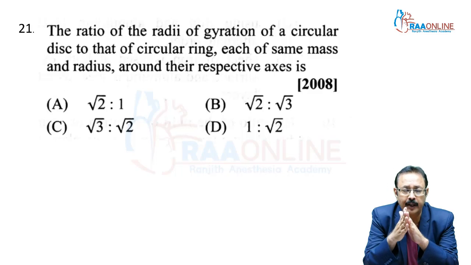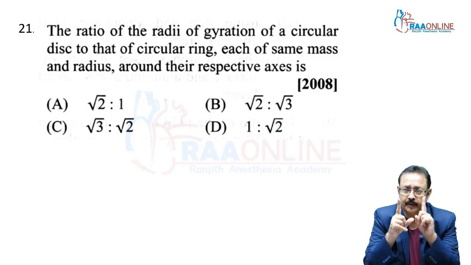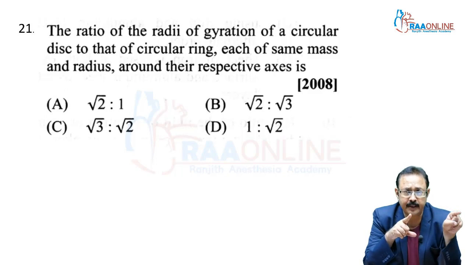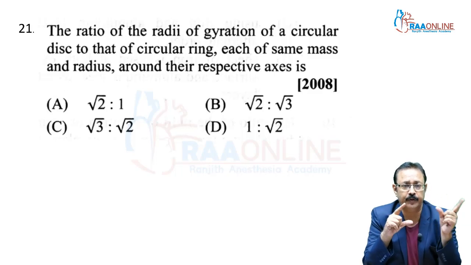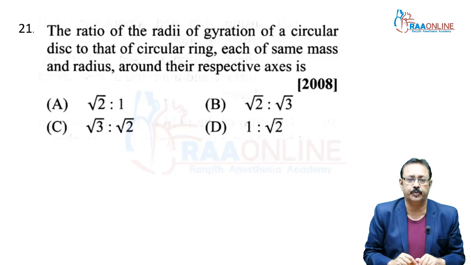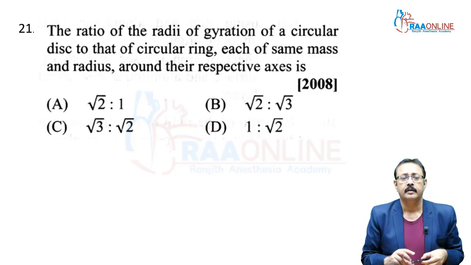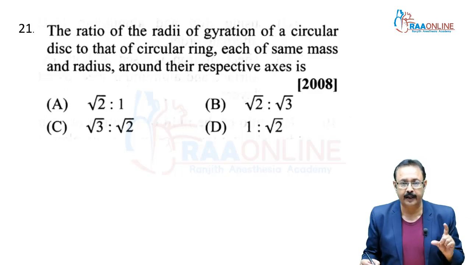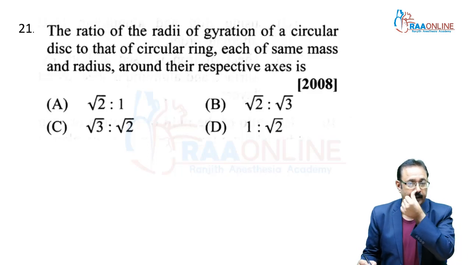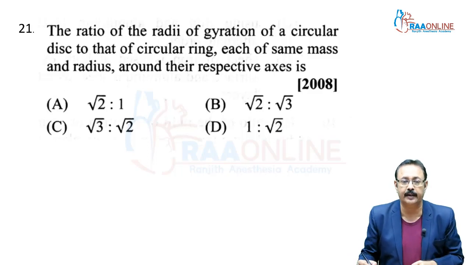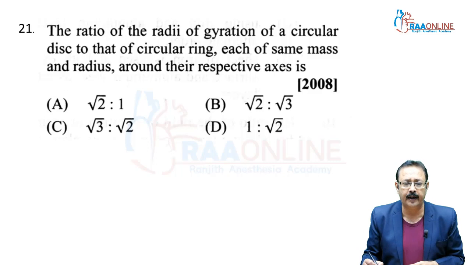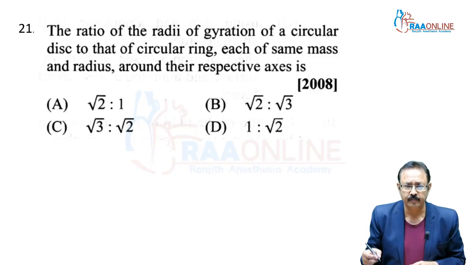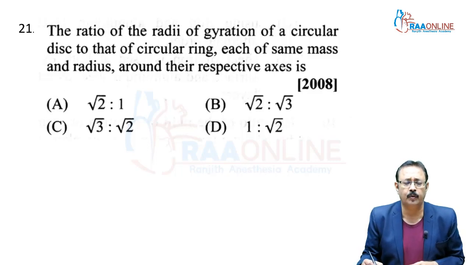If they are not explaining which axis they are talking about, take those standard results which I gave you in the starting of this crash course of this unit. In the starting I gave you those 8 formulas, which are all about their respective axis. So now we have 2 figures. One is a circular disk.